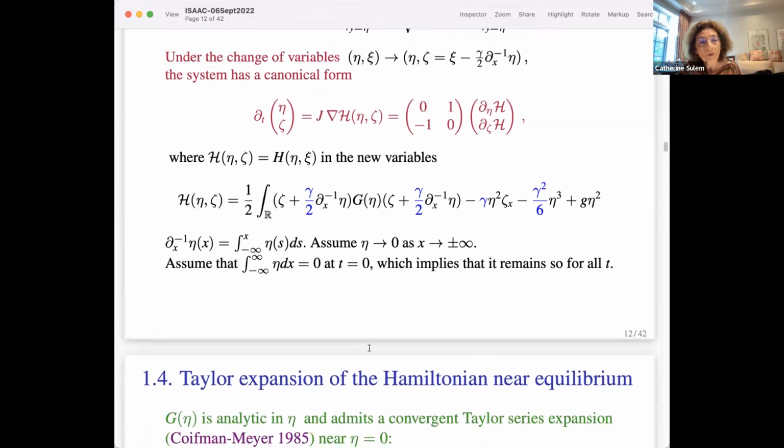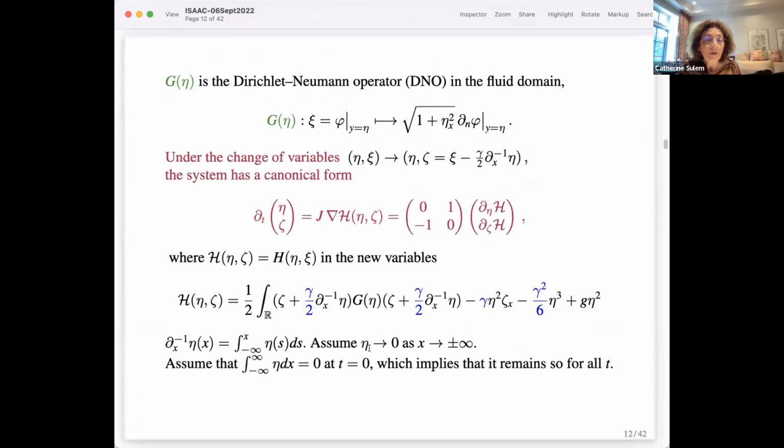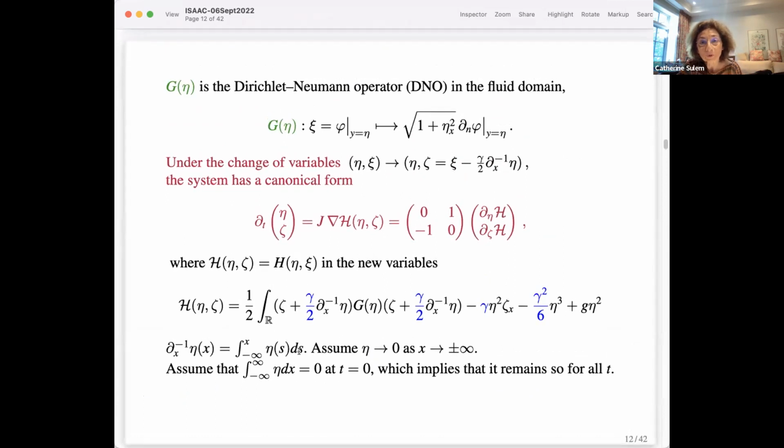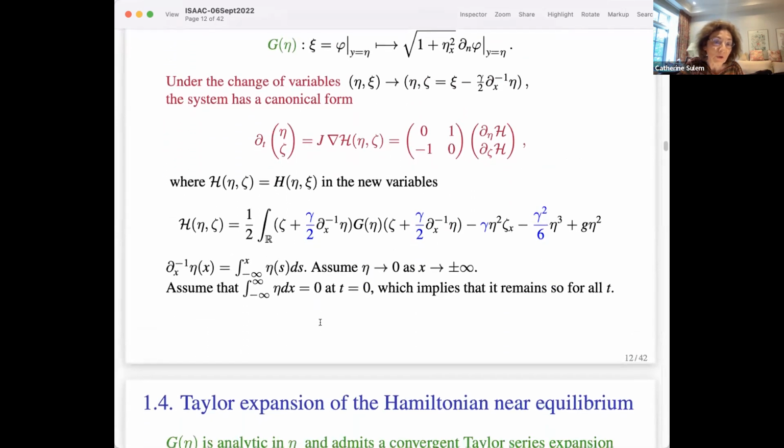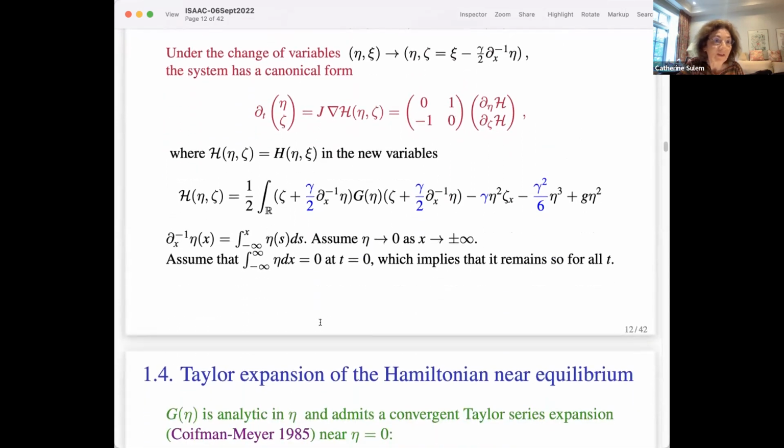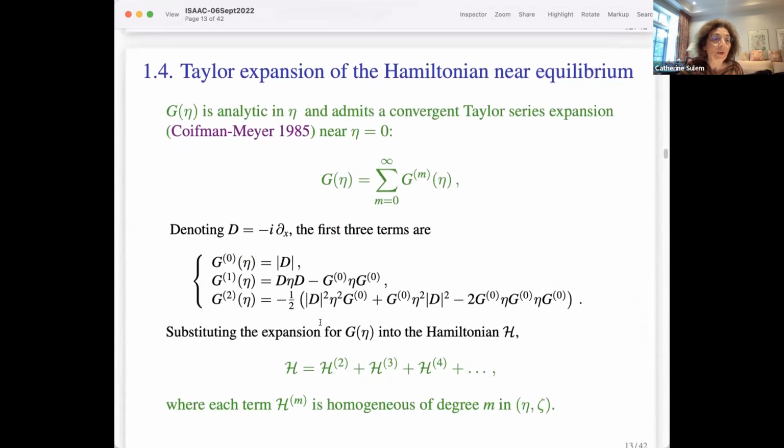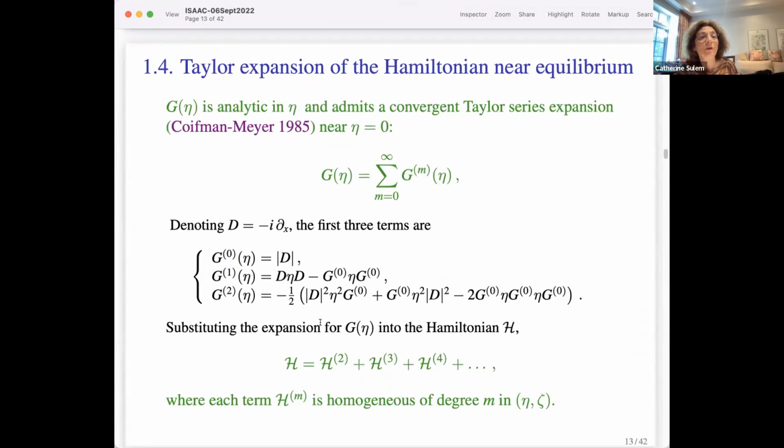Okay, so now we have a Hamiltonian system, and we will use the theory of perturbation of Hamiltonian systems in order to consider the regime of weakly nonlinear waves.